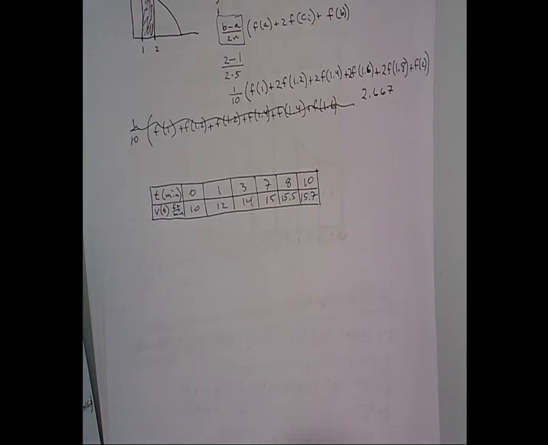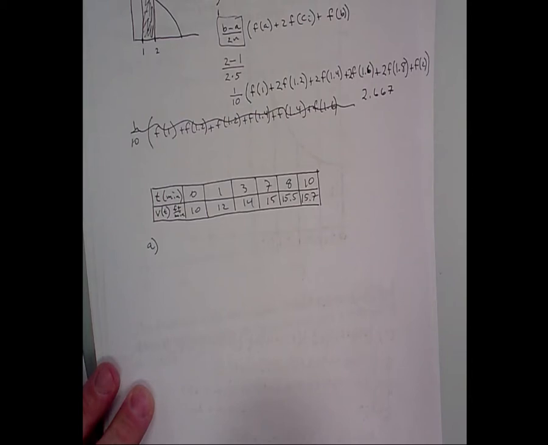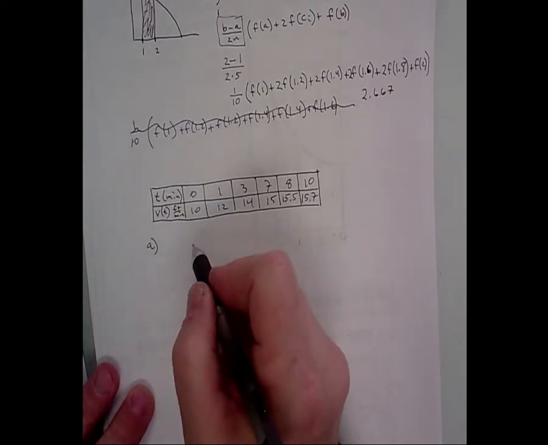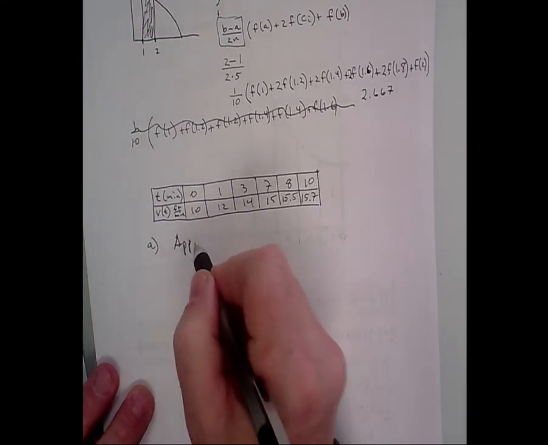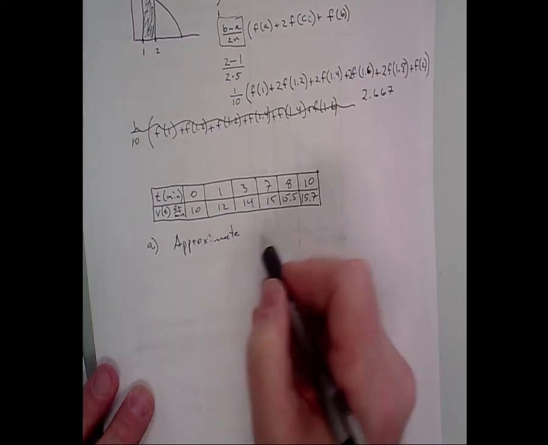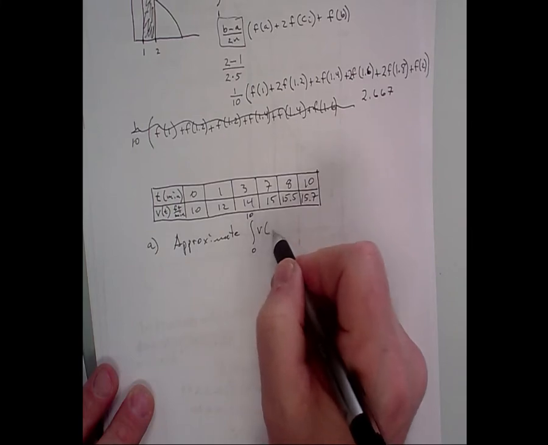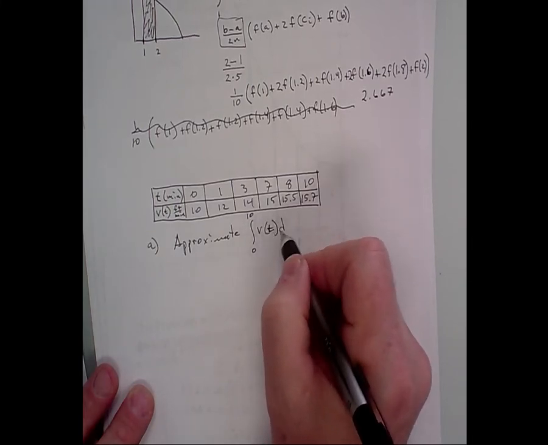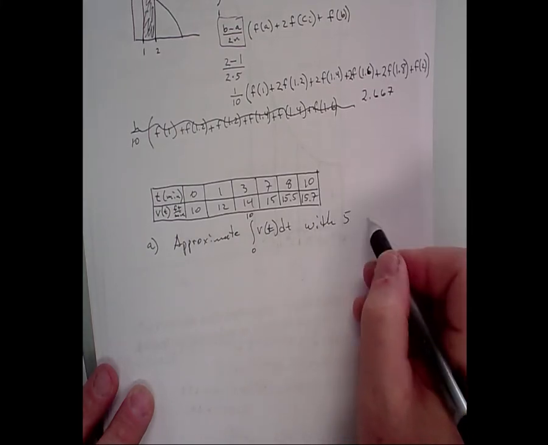And they'll ask you to do this. A, for 3 points, approximate with 5 trapezoids.